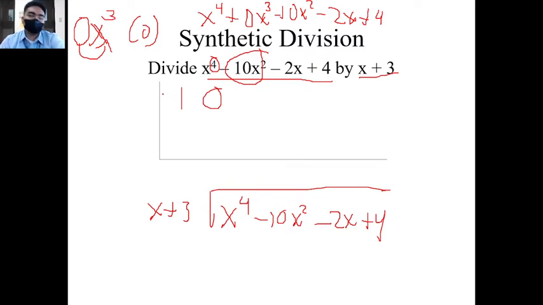But in placing the coefficients for your synthetic division, the second term will be 0x cubed. So our third term in synthetic division will be negative 10. Okay, so what's the next term, based on the degree? The next term will be negative 2x, so the coefficient in this place will become negative 2.